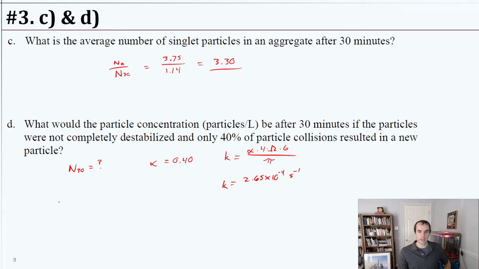So we take this new K and put it into the equation just as we did a moment ago and say the new N30 is going to be 2.33 times 10 to the 6 particles per liter.